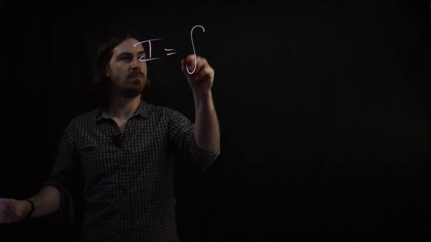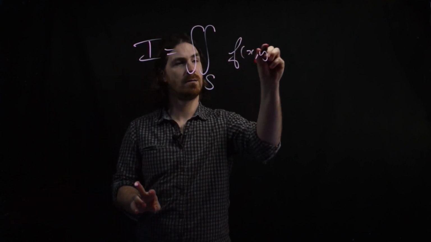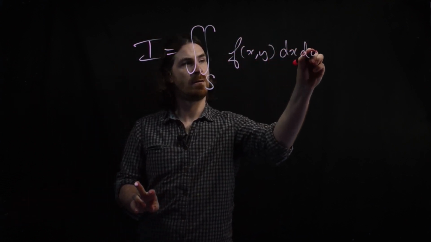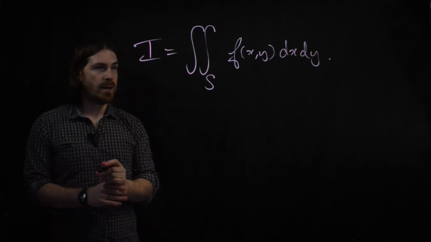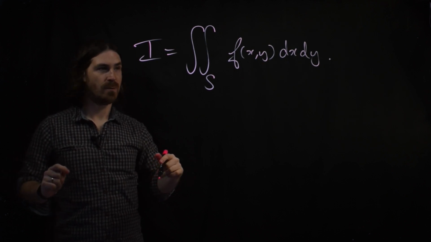Okay, so far we've been thinking about the double integral as being the volume under a surface, defined by the region in the xy plane. But you can think of it differently. You can think of this integral, some function of x and y, dx dy, as equaling the mass of the region S in the xy plane.